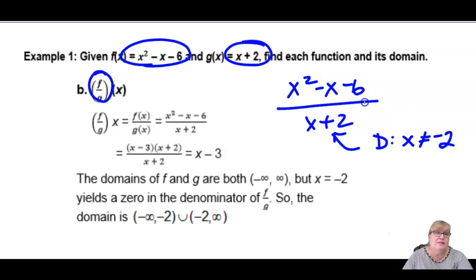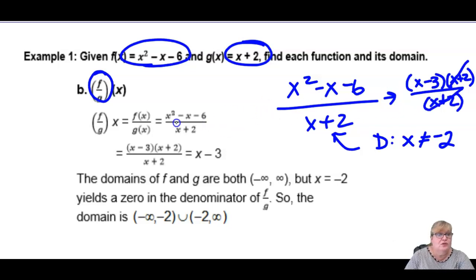Now, it just so happens on this one, you can factor the top. Factors x minus 3, x plus 2. And the denominator was x plus 2. So this divides out. But if you were to say, I want to graph this divided by this, you would have an undefined place at -2.